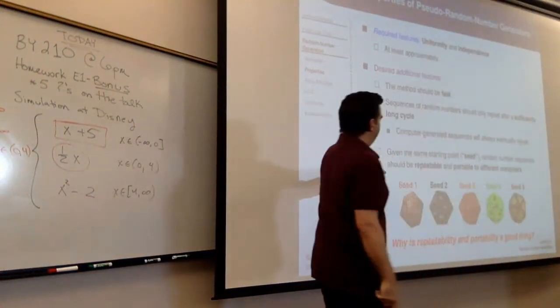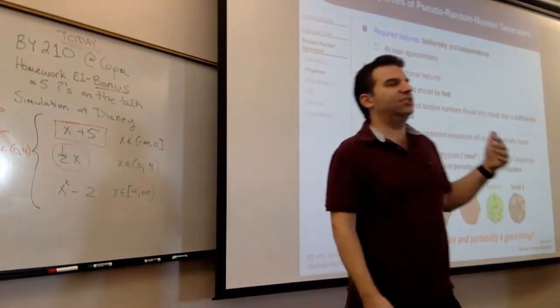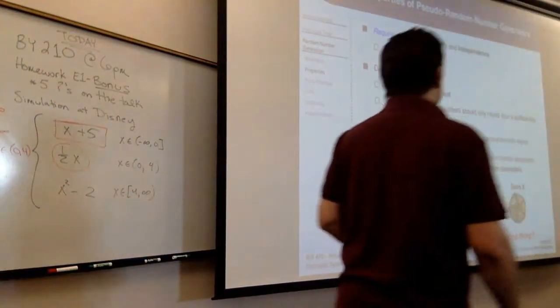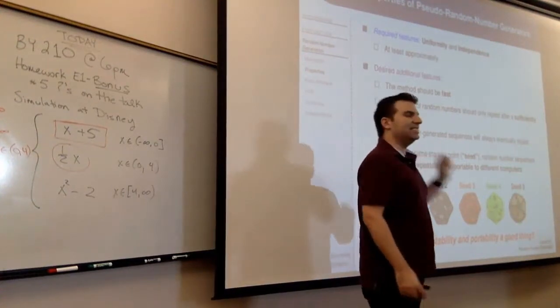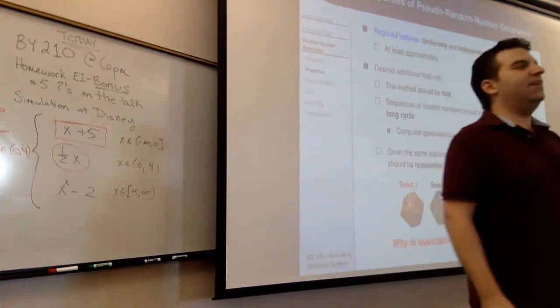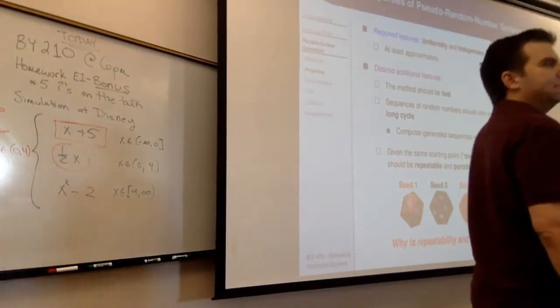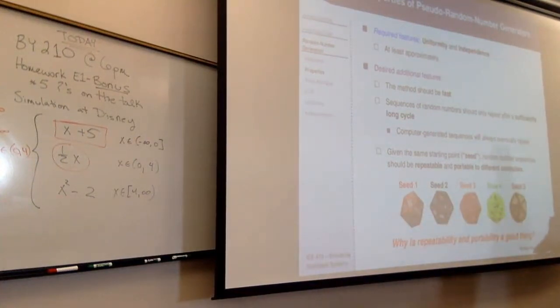And then the other thing that might seem weird is that all of these random number generators are going to start with some seed, which you should be a little familiar with after doing homework C2. And we want these methods to generate the same sequence given the same seed, regardless of what computer we put them on. So it's kind of like I want 5 20-sided dice.